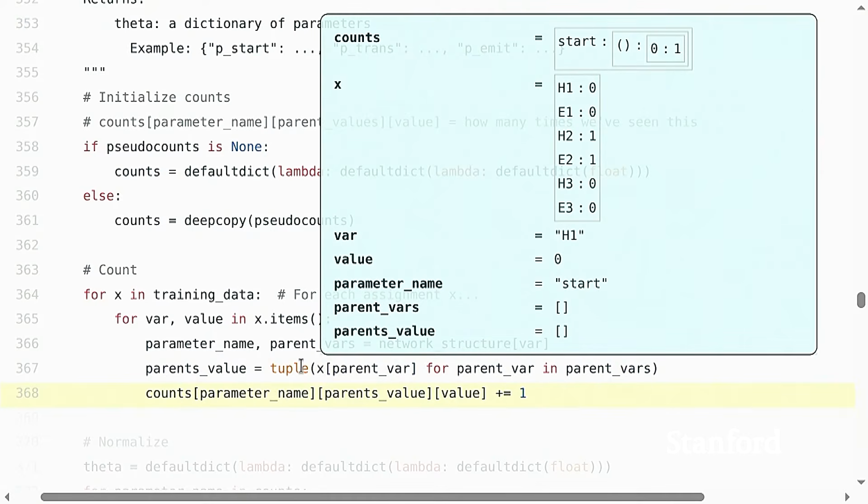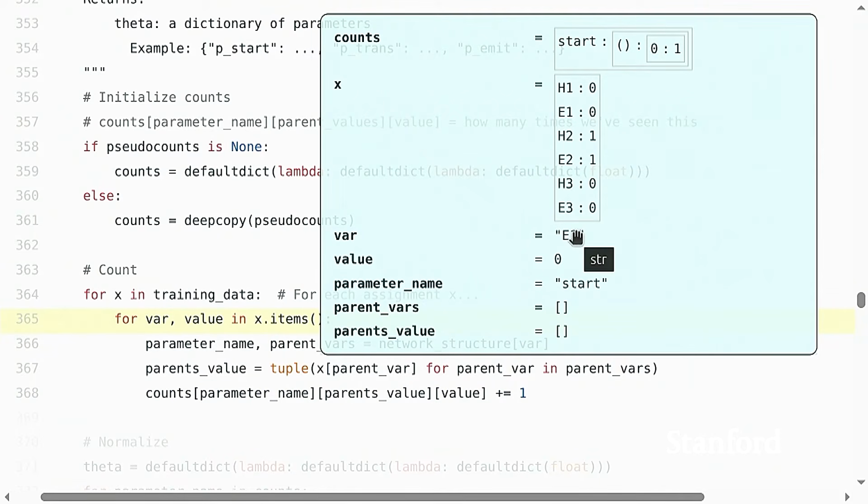There are multiple layers here: the parameter name, the value of the parents, and the value of the node, mapping to the count. So let's go through E1 here.